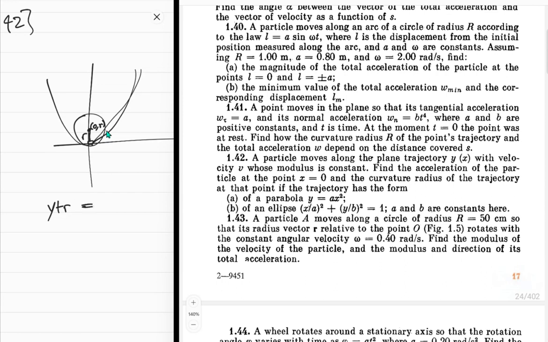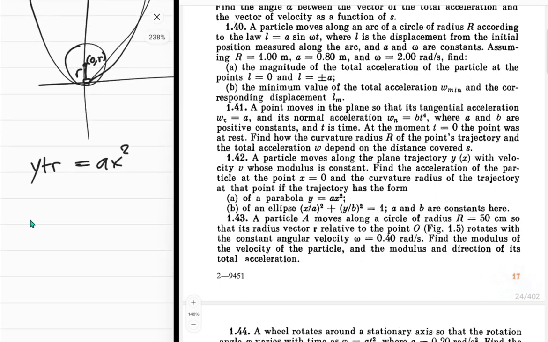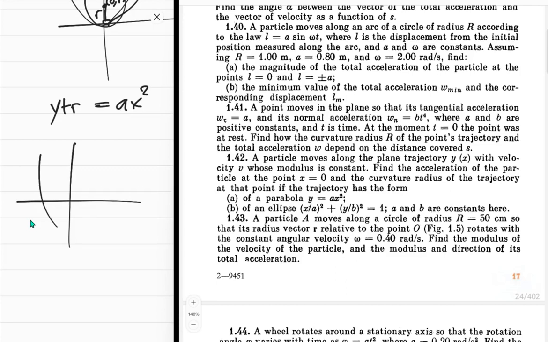That thing is equal to a times x squared, still the same because no shift in x. So notice what happens. All the y values are basically shifted down by r, right? Because then when you add r to those values, it will shift them back. Isn't that right? That's why we are doing this. Awesome. So this would be the parabola as viewed from this point.